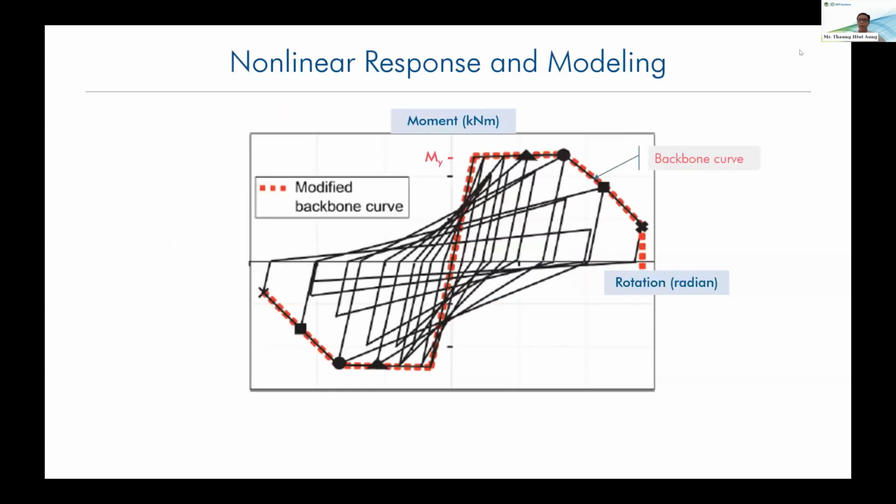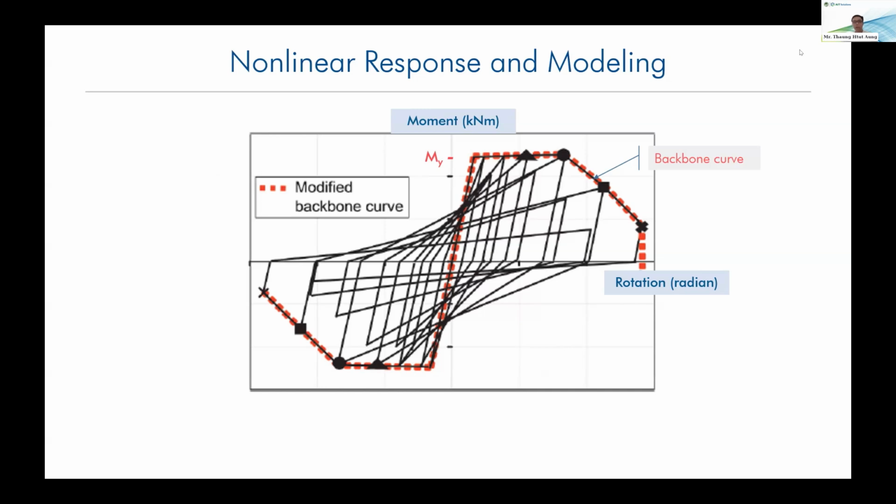We are familiar with strength capacity requirements in code-based design. If from our analysis the force demand is 500 kilonewton meter in the beam, we have to design the reinforcement to satisfy that strength demand. But we are not familiar with the rotation and deformation demand. What is the rotation capacity?